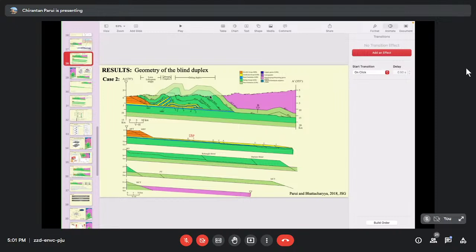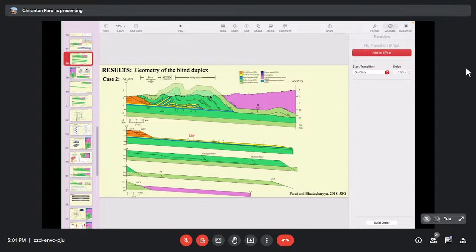Yeah, nice. See, in a simple-minded way, I would think that a borehole would better justify whether there is a blind duplex or not.